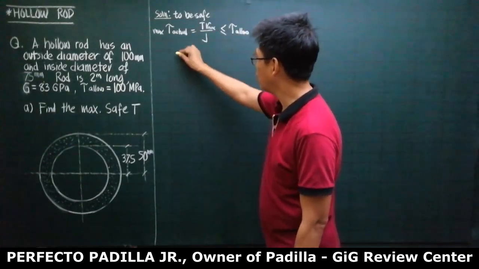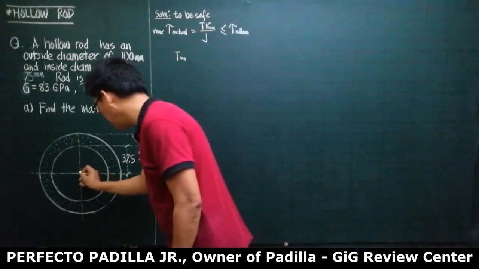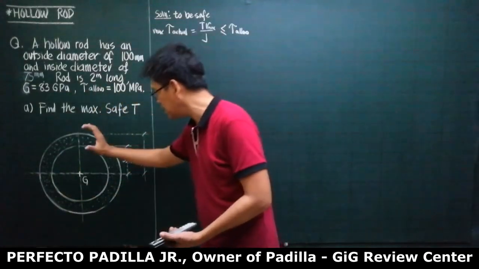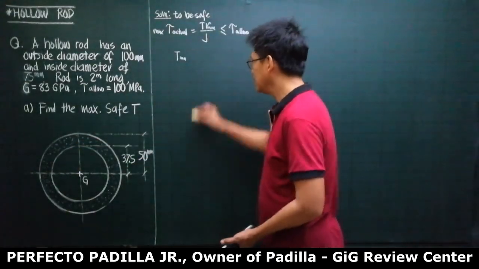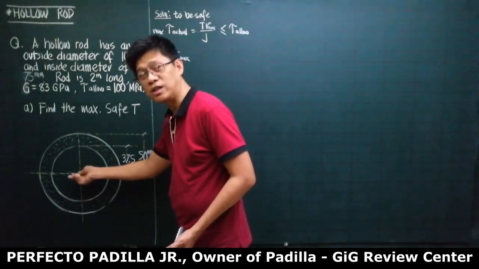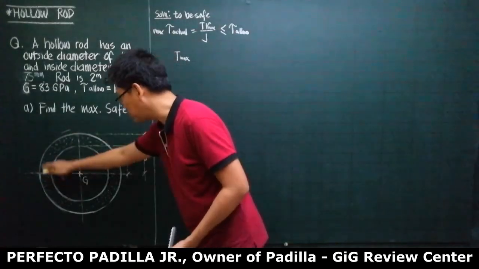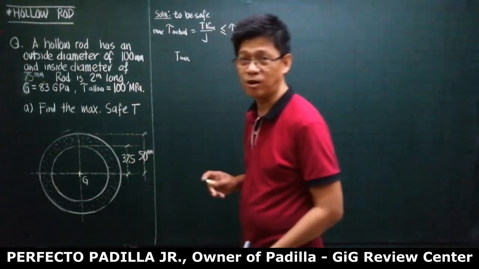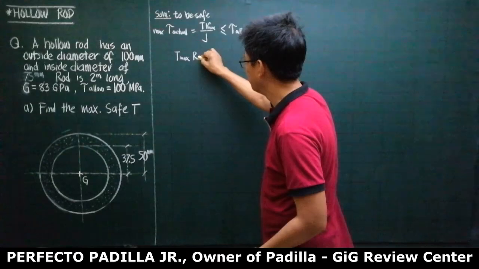Therefore, for our T maximum, the R maximum is measured from the centroid. The elements farthest from the centroid are the elements at the outer circle. So this must be R outer.